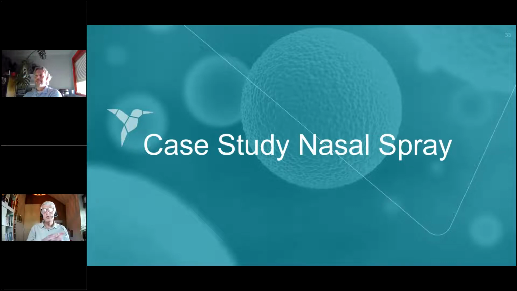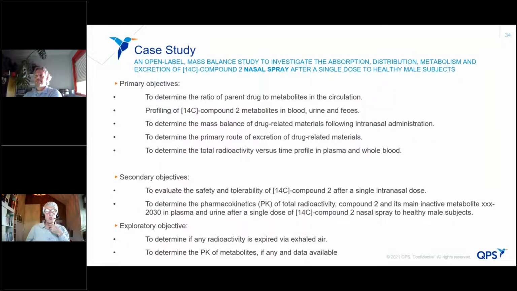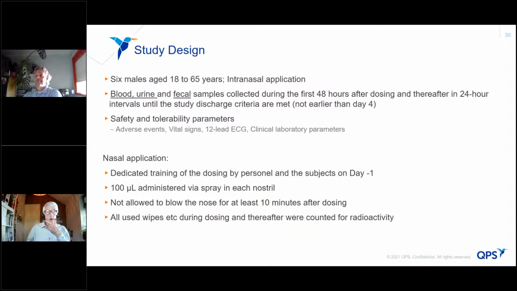The final study that I want to show is a case study where we dosed via nasal spray, and this study also holds very specific things. So the objective in this case was to investigate the absorption, distribution, and metabolism of a compound that is to be administered via a nasal spray with a single dose in healthy male subjects. 6 subjects in this case, 18 to 65, and then once again intranasal application.